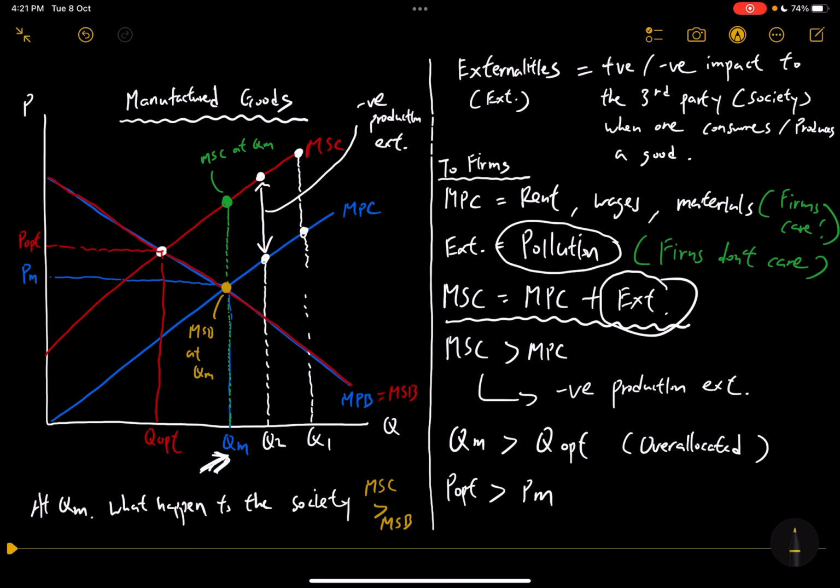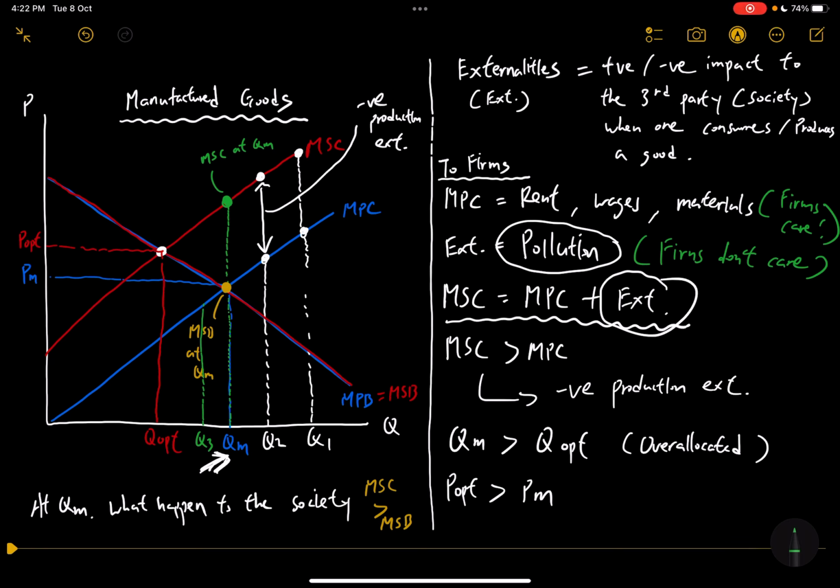But when we are having a little less good, let's see what will happen. Let's say now we're going to have a little less goods, and let's talk about another quantity. Let's call this Q3. What happened at Q3? You can still use the same way to look at it. Where is our MSC?